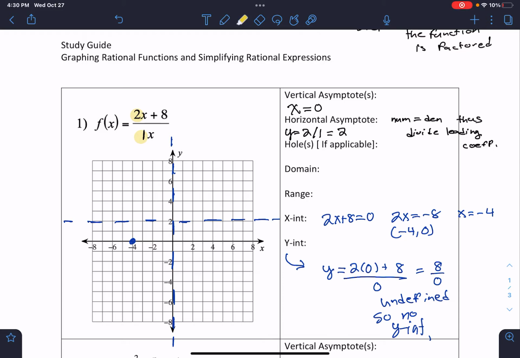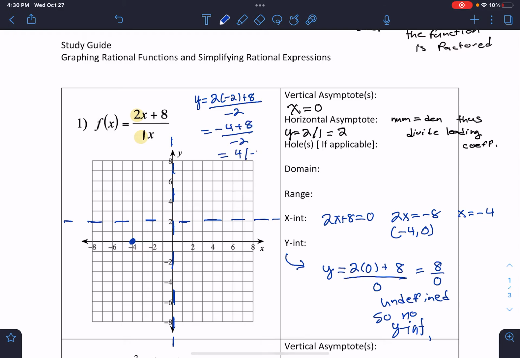So next, I need to just plug in random values to see where the graph is going. So I'm going to start focusing on my left side real quick. Okay. And so on my left side, I'm going to plug in negative 2. And when I do this work, you got to be really careful not to make a mistake.